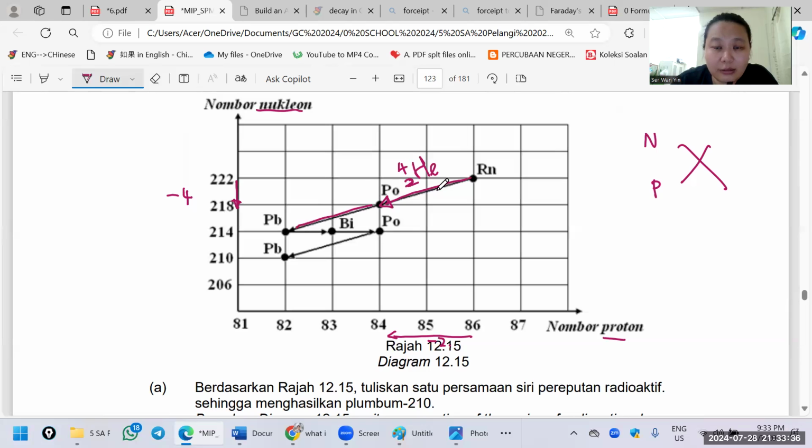So this is 1 alpha, 2 alpha, 3 alpha. Then when they go like this, what? It goes in front, becomes more proton, means it's electron. Electron is negative, but proton would be positive. So here got how many alpha? 1, 2, 3. 3 alpha, beta got 2, 2 beta.